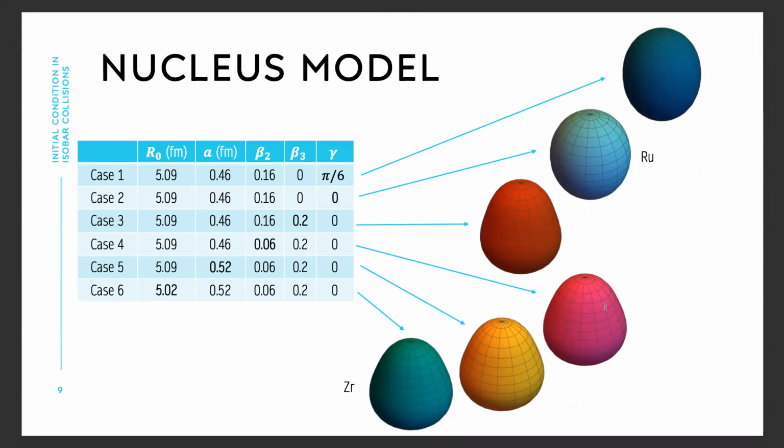In case 4, I decrease the quadrupole parameter. For case 5, I increase the diffuseness, and case 6, I reduce the radius, and in this way we leave what people call uranium and go to the zirconium case.